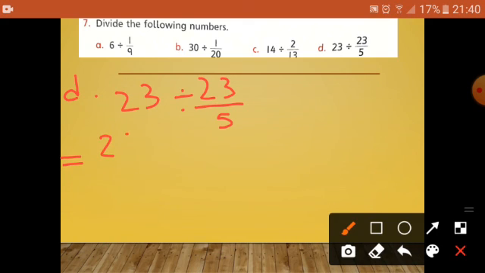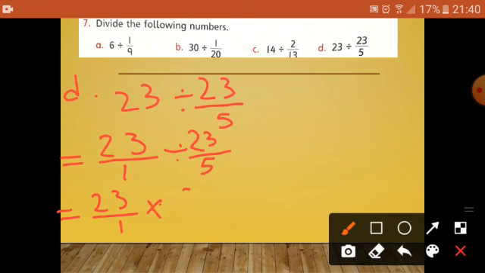The first step, if you have a whole number, just write a denominator 1, keep the division sign, and 23/5. The next step, convert that division sign into multiplication and take the reciprocal of the fraction after the division sign.